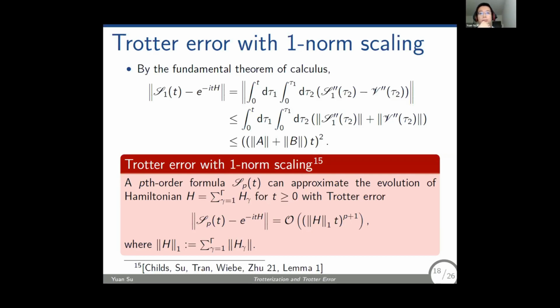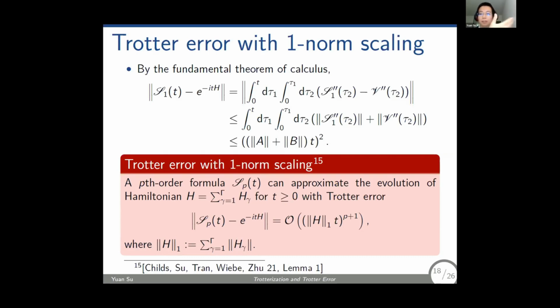You can invoke the triangle inequality to upper bound the size of this operator, and you get something like this after calculation. It is given by the sum of the norms of the Hamiltonian terms, and you have the evolution time here because it's a first order formula, so this quantity will be squared.